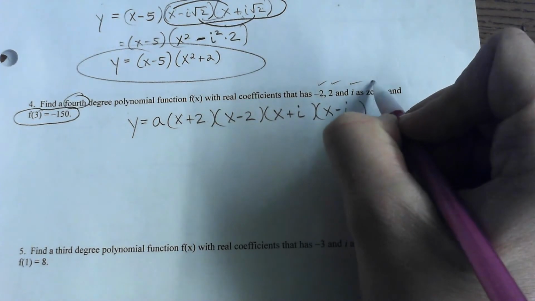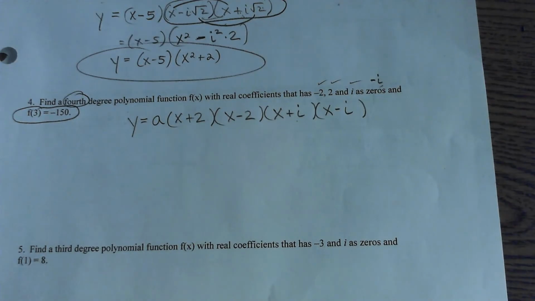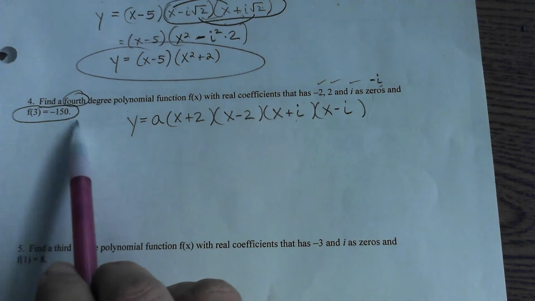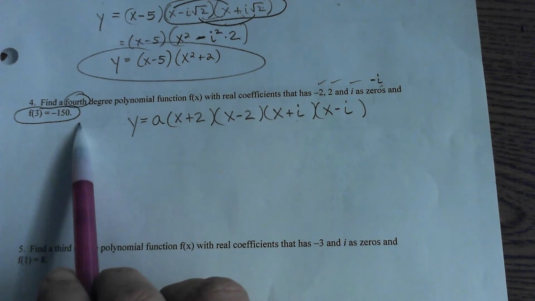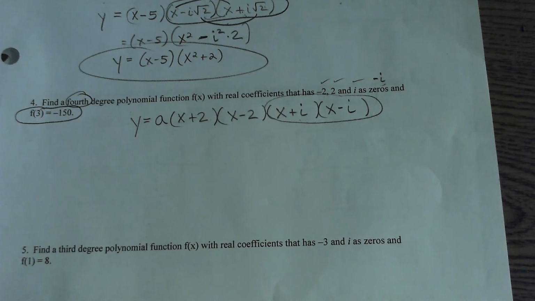So Alyssa really gave me the root of negative i as her factor, x plus i. Good? Now, you can now plug in the 3 and then the negative 150. I usually don't do that yet. I always try to get rid of the i's right away so I'm done with them completely.